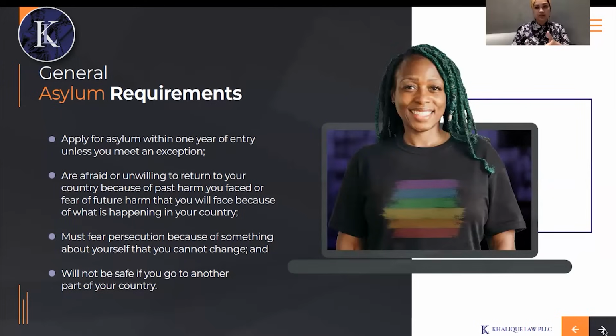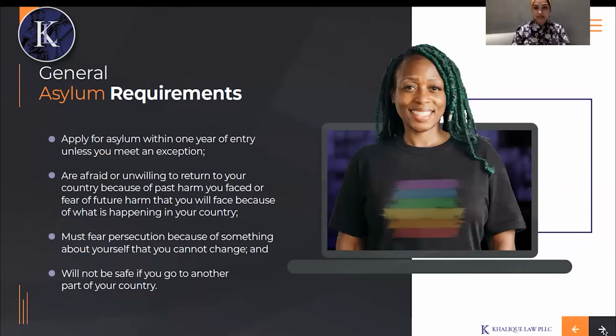And the fear of the persecution has to be something about yourself that you can't change. So race, nationality, political opinion, belonging to a social group such as gender, your identity, your sexual orientation, identifying as LGBTQ. These are things that you can't change about yourself, and you fear persecution because of these things.